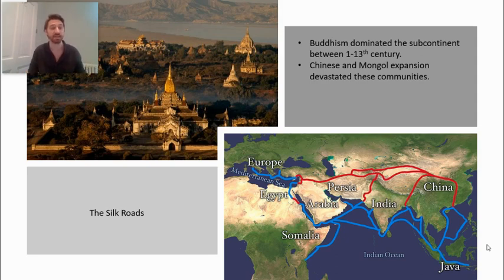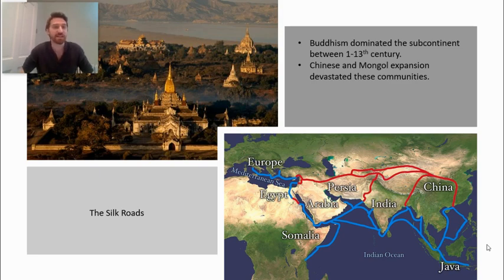And as a result of this, there is an incredibly diverse and complex interaction of different merchant groups from different nations, different ethnicities, trading lots of different things. And India is bang slap in the middle of this network.